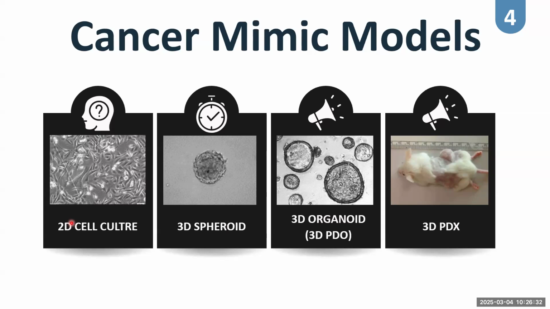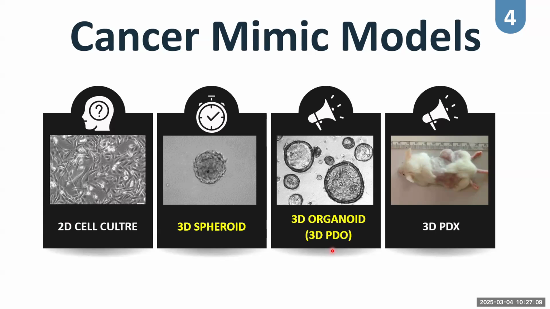One of the most effective approaches is to use the 3D cancer mimics model. In my lecture today, I will point to you the 3D spheroid and also the 3D organoid, or we call it PDO, patient tissue derived organoid. 3D cell culture offers a significant improvement because it mimics the natural environment of the cell much more than the 2D cell culture.